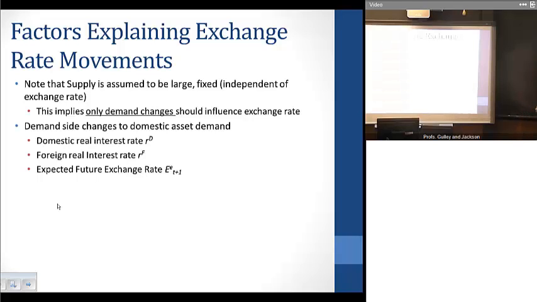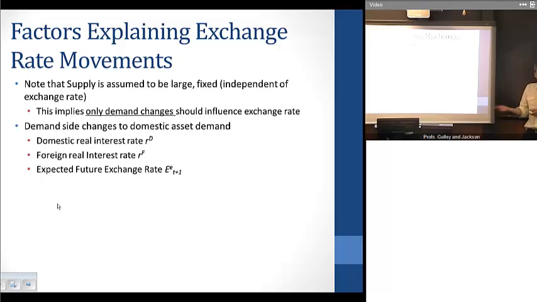So there's some specific things that we can look at that are going to be driving this story, and we'll look very carefully at some examples of this in a moment. But the domestic real interest rate, for instance, if that changes relative to the foreign real interest rate, that can drive domestic asset demand.